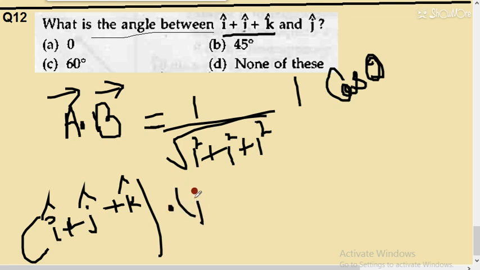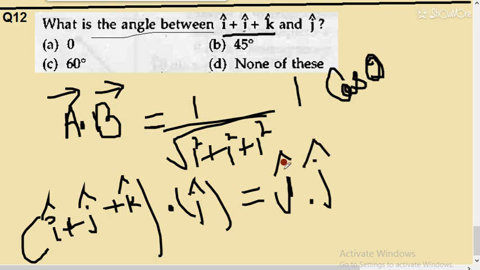If you have studied the concept clearly, the dot product shortcut is to multiply the corresponding terms of i cap, j cap and k cap. So this dot product is simply 1 times j cap dot j cap, and the rest of the terms are 0. j cap dot j cap is equal to 1. So the dot product between A and B is equal to 1.